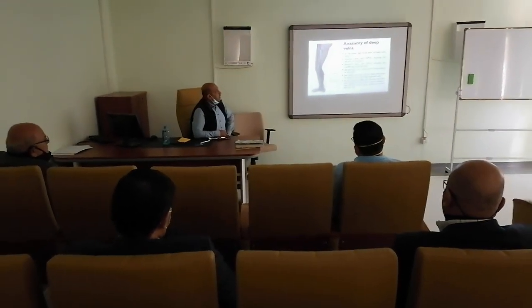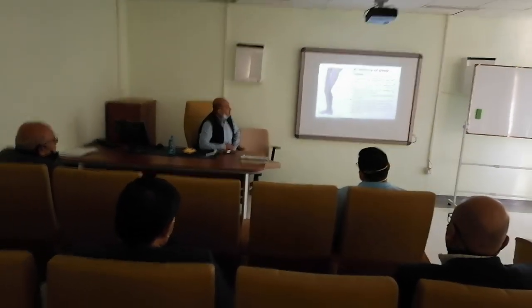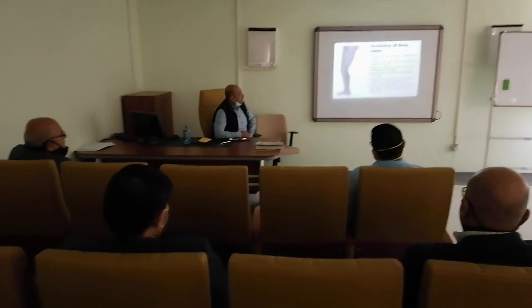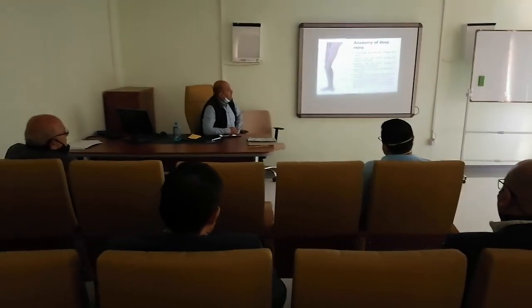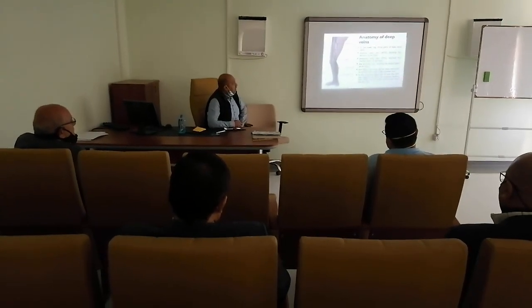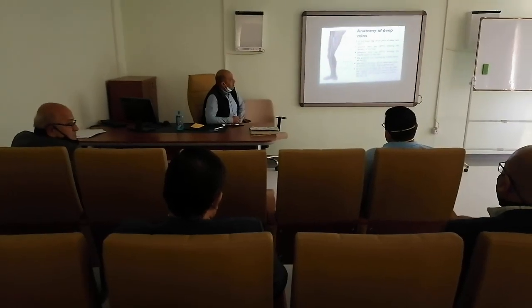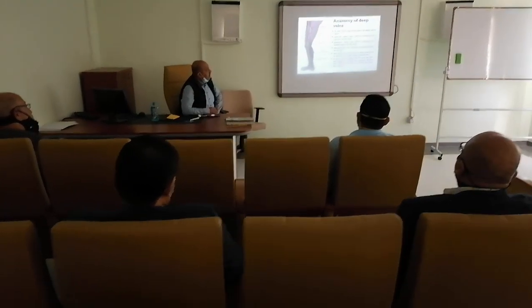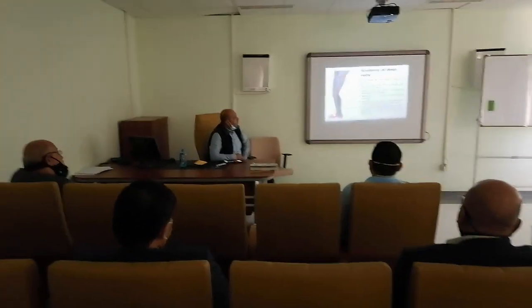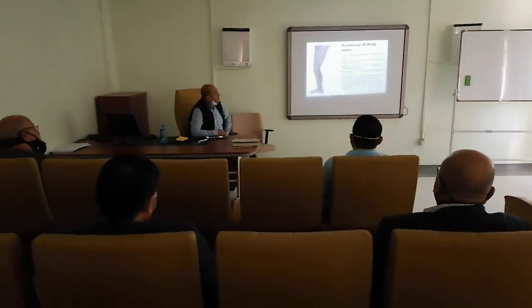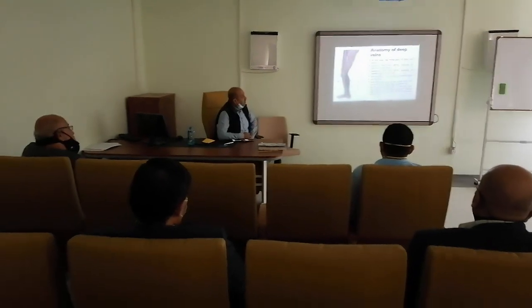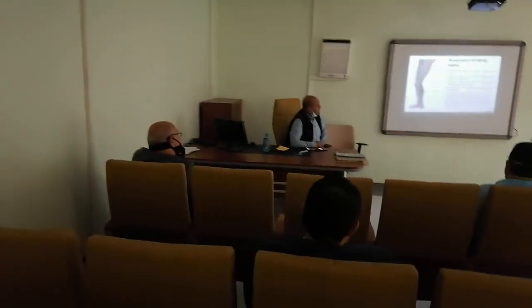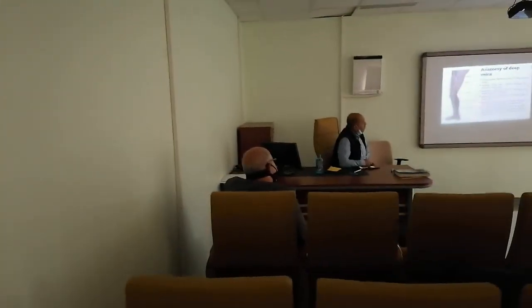Now I will talk shortly about the anatomy of the deep veins. In the lower leg, there are 3 pairs of deep venous system. The anterior tibial vein drains the dorsum of the foot, the posterior tibial vein drains the medial aspect of the foot, and the peroneal vein drains the lateral aspect of the foot.